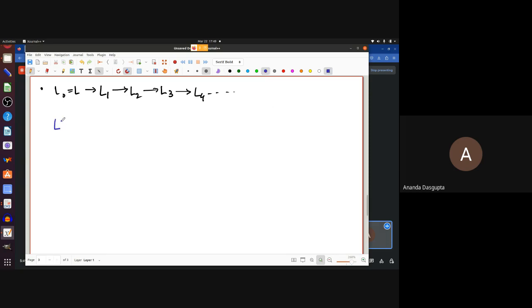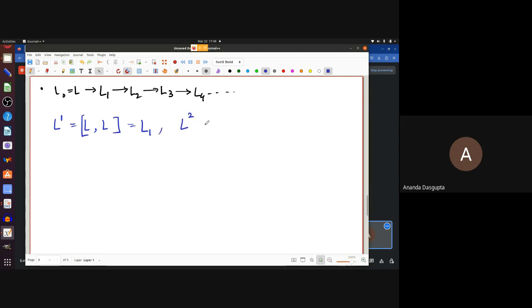We could define L^1 this way. Remember, the difference is that here we are using a superscript. Of course, L^1, upper one, is the same as L0. The difference lies in the next entries.